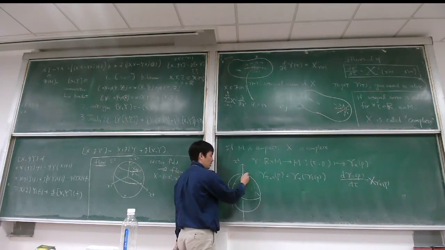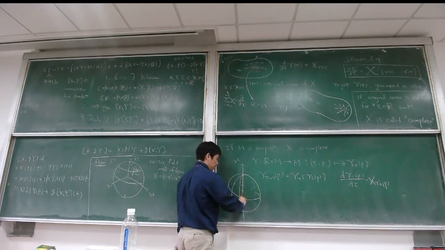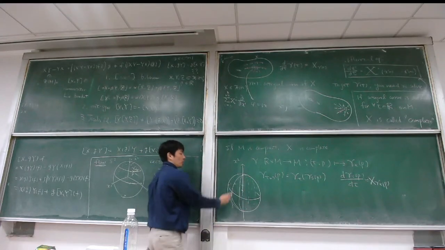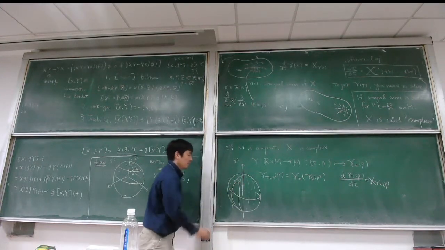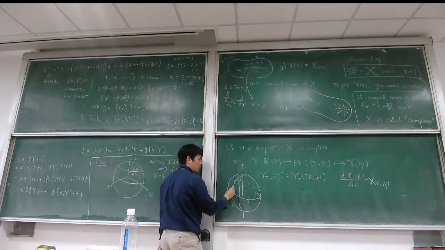Again, it's hard to draw. So this rotation angle can be t plus s. t plus s means, start with point P, you rotate only t, and then rotate s.